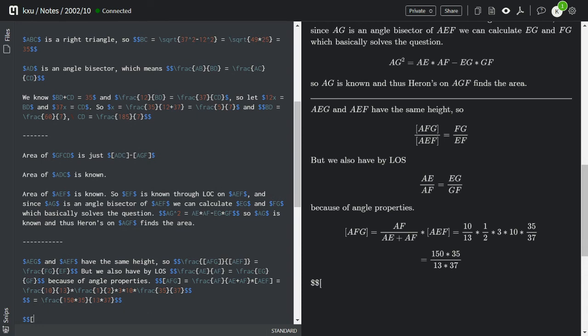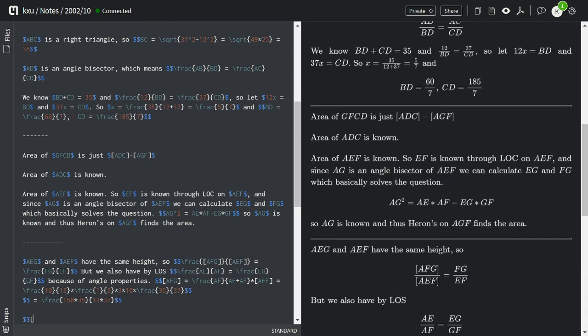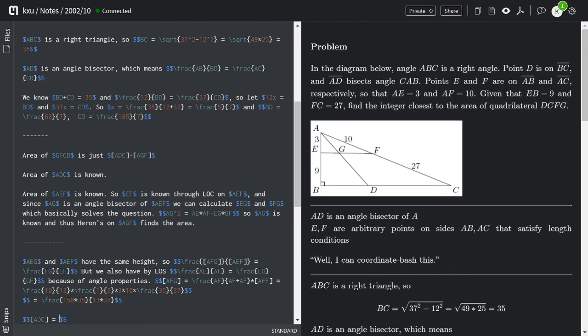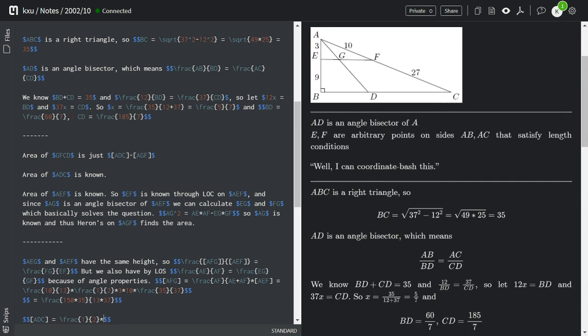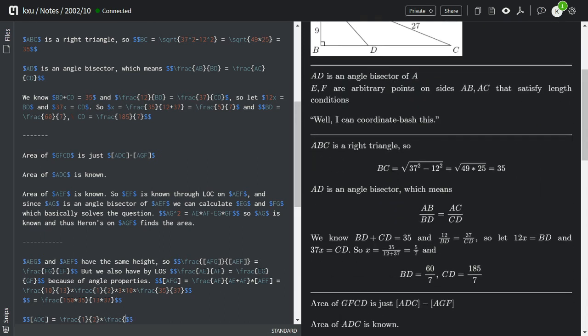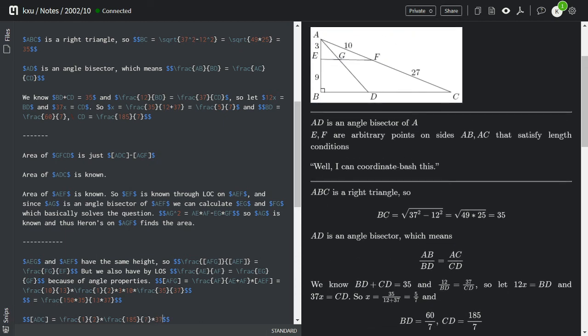And solving for, what was it? ADC. ADC is 1/2 times CD, which we found was 185 over 7, times 37 times sine of C, which is 12 over 37.